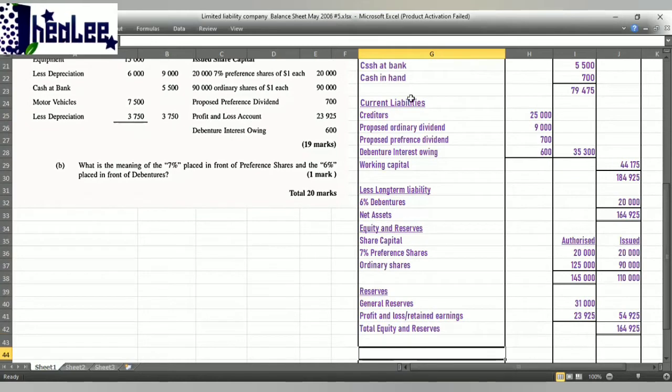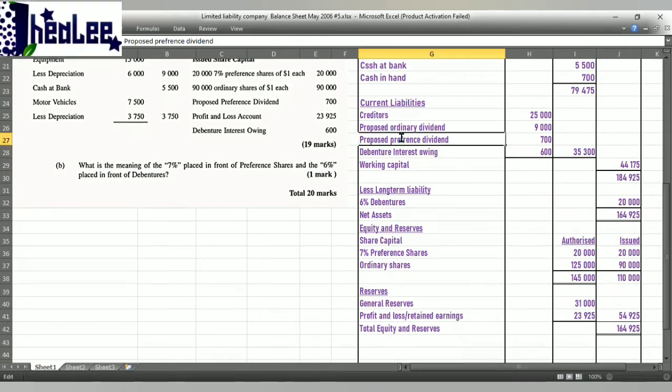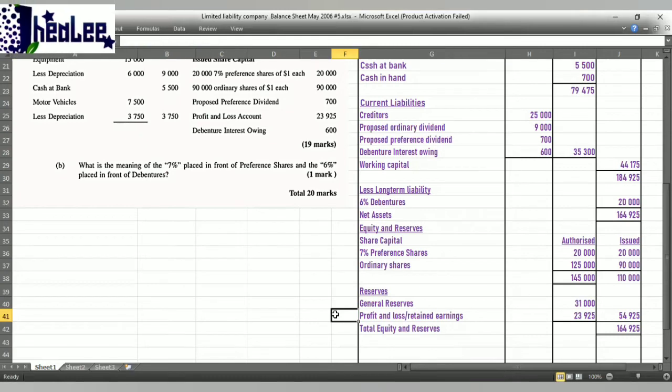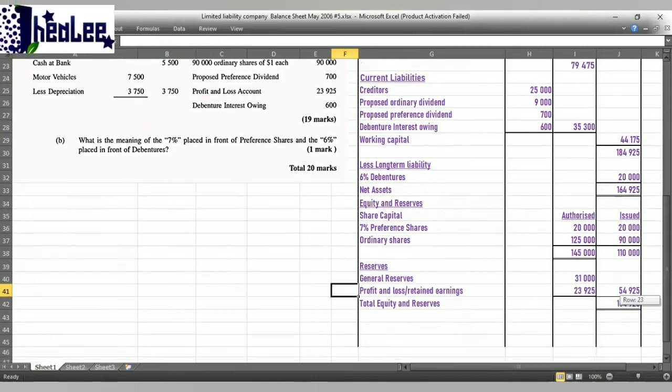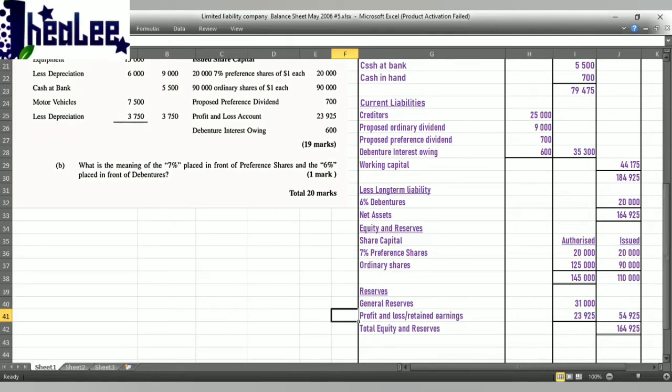Remember, you are to look out for things like your proposed ordinary dividend, proposed preference dividend, and that figure is found in your footnotes if you're given a full question, or if it is labeled final dividend just the same, it means that it is owing and that is a liability.